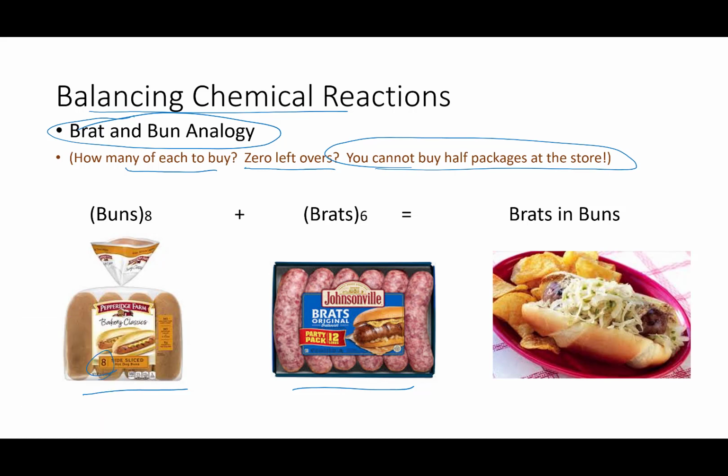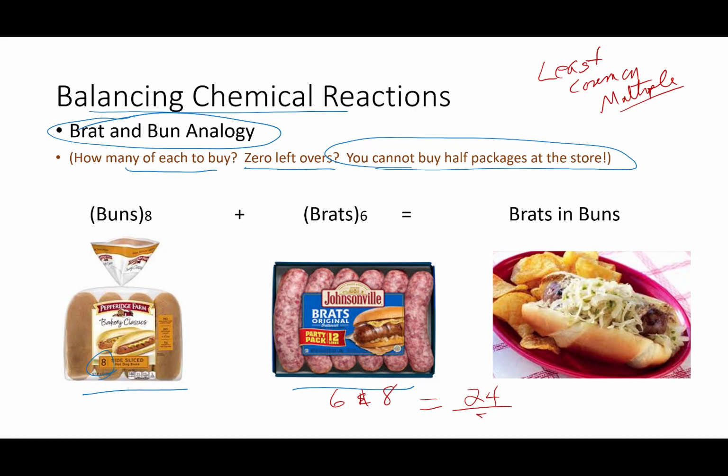Personally, one of the things I like to look at is the least common multiple. What is the number that both of these will multiply into? Both 6 and 8, what number will they both multiply into? Well, both 6 and 8 are multiples or can be divided into 24.